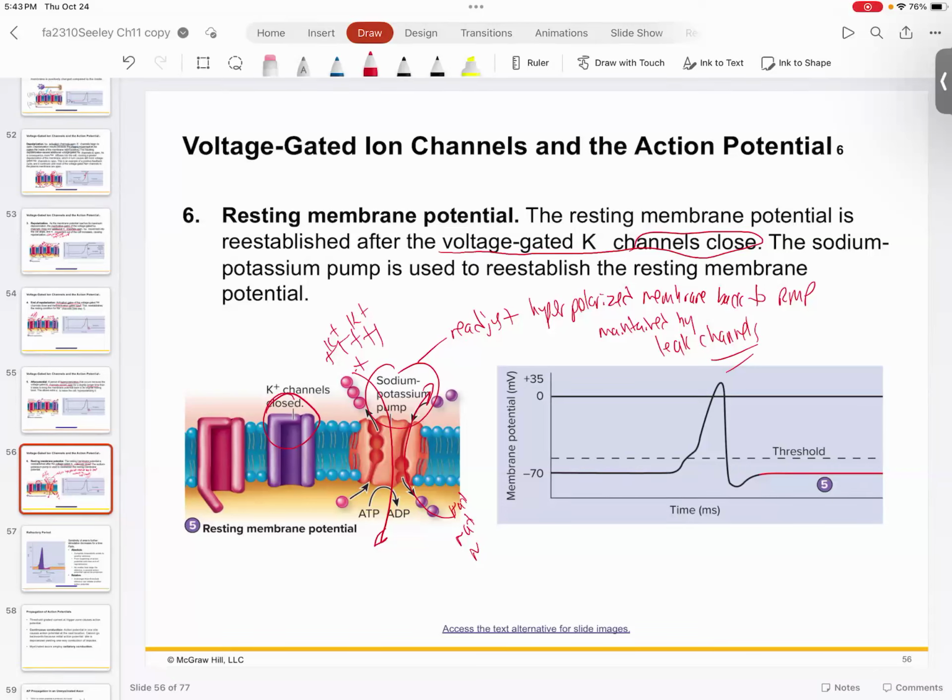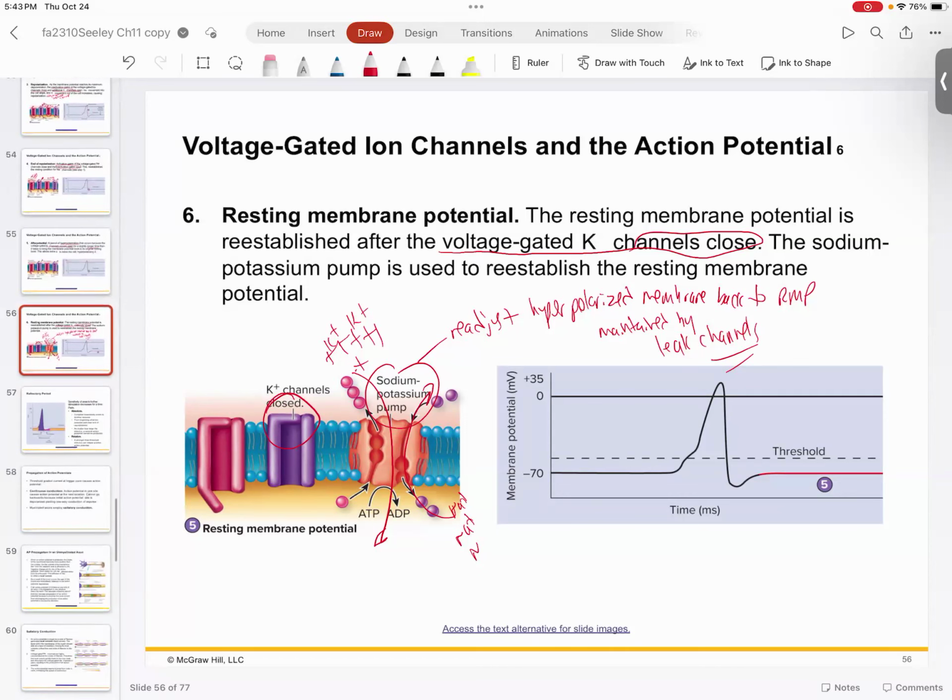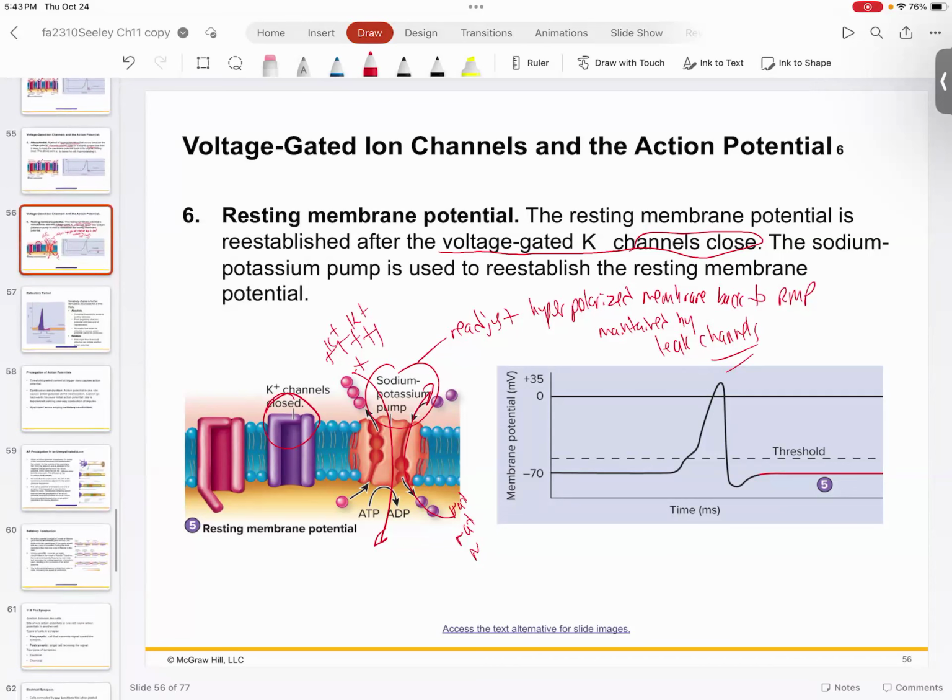Like with the neuromuscular junction. So if you're able to understand those 6 slides really, really well, then you've got a really good foundation to build on.